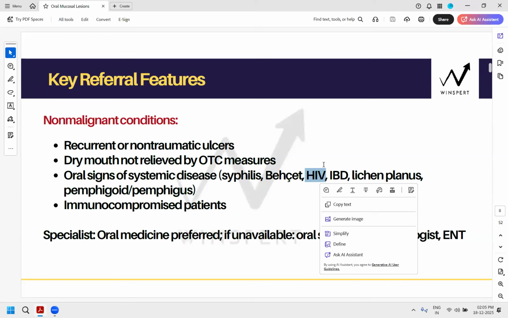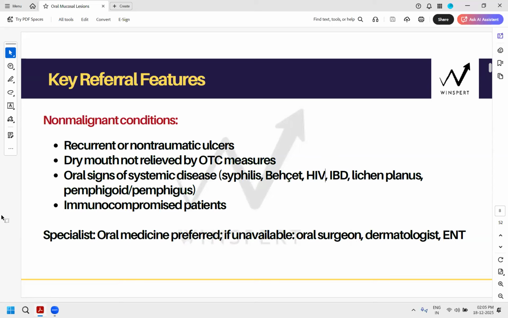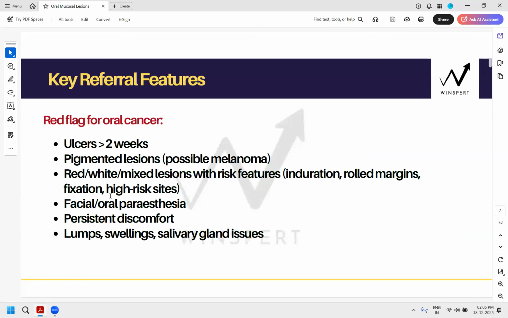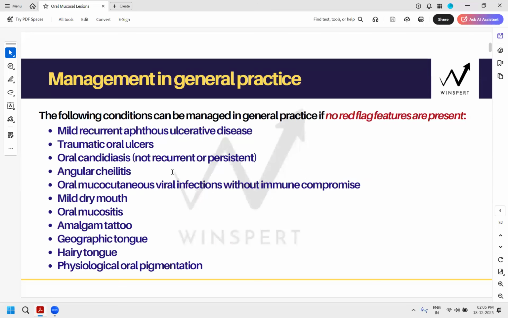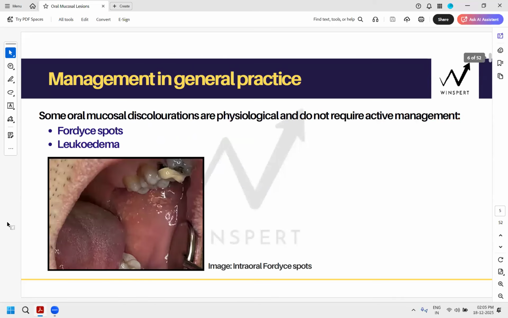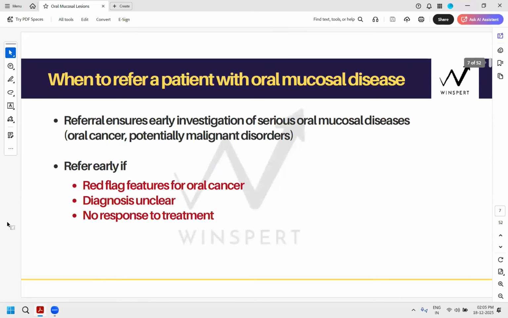Everybody got it now? So take this screenshot also, and then this screenshot also. Red flag screenshot, this is a third category. And then take this screenshot, which is your basic general dentistry category. If you take these four screenshots, now memorize them. Okay?